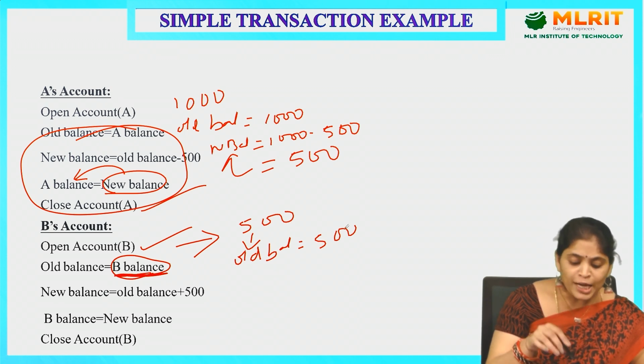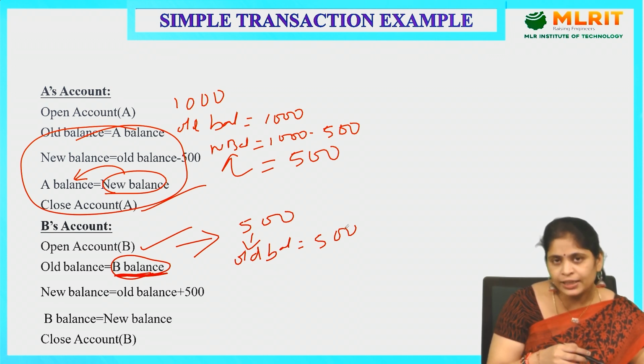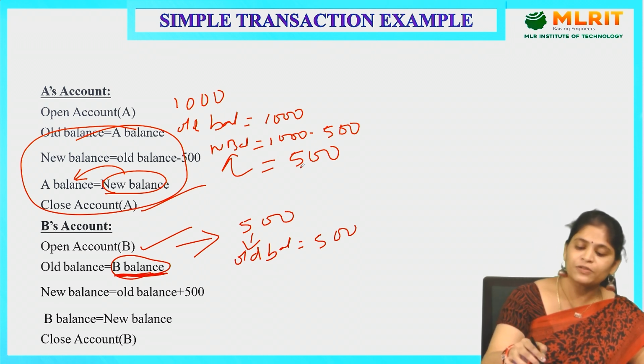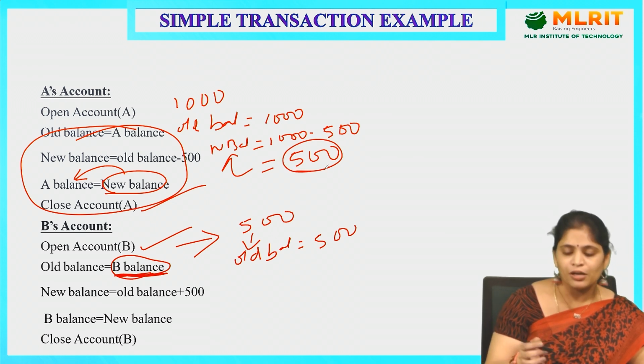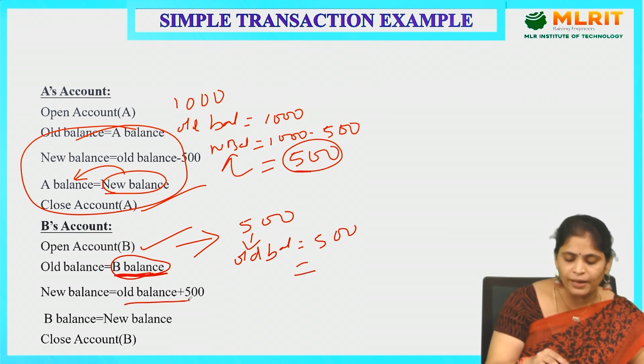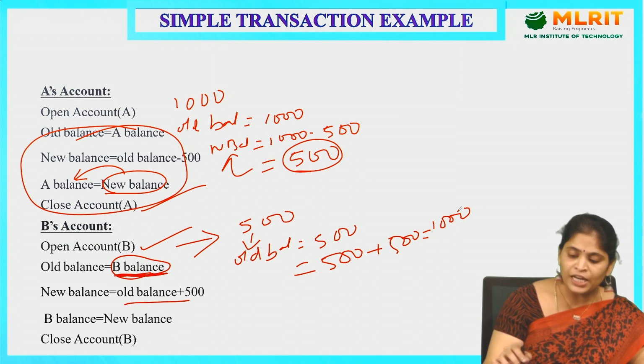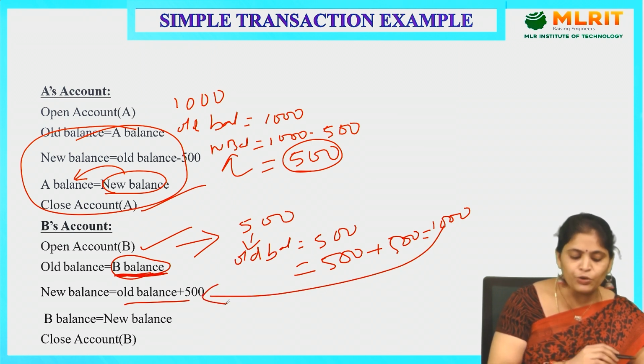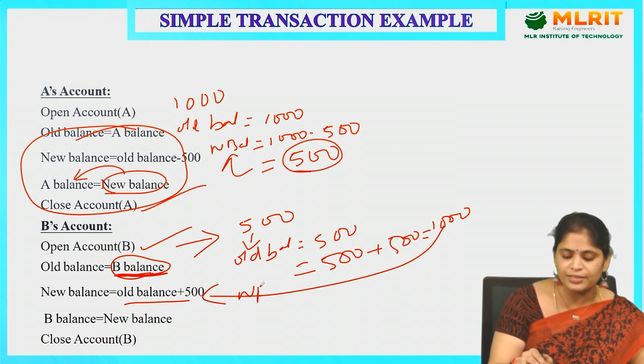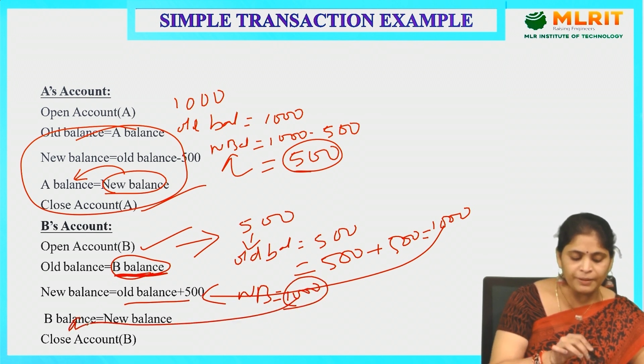Now, after crediting this 500 to my friend's account, what will the balance become? Old balance plus 500. That is 500 old balance plus 500, that is 1000. Now, this 1000 will become the new balance. So new balance is equal to 1000. And now, this will become the B balance account.